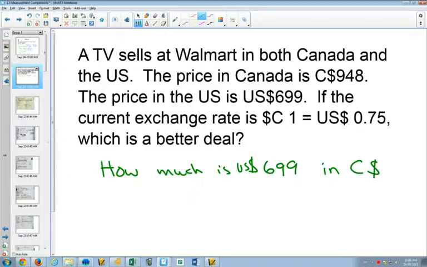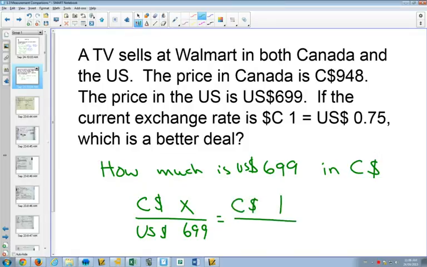And if we're wondering that, we set up our proportion. We want to find out how much it is in Canadian dollars, and we know it's 699 in US dollars. And given our exchange rate, we know that 1 Canadian dollar buys us only 75 cents US.